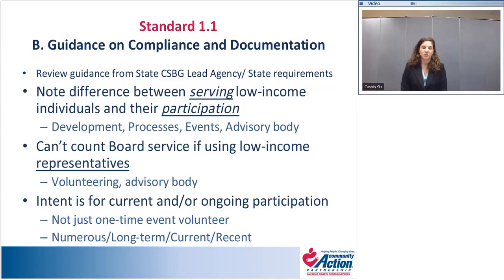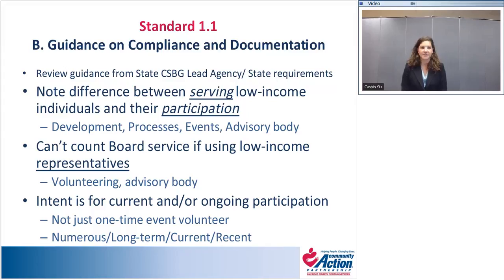So you would have to use low-income volunteers, or if low-income people were serving on advisory bodies or some other committees, you could count that, but not representatives of the board. You couldn't count low-income people if they were actually directly serving on the board, but not their representatives. So that's a tricky one that we wanted to make sure to note.